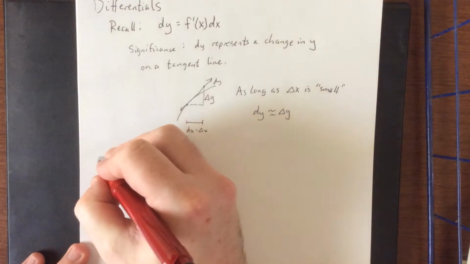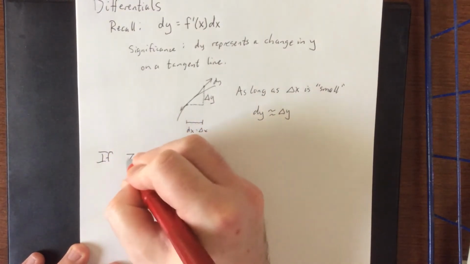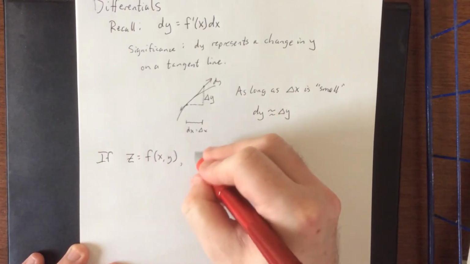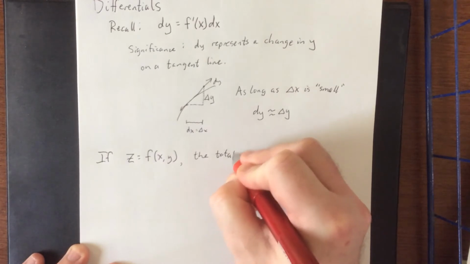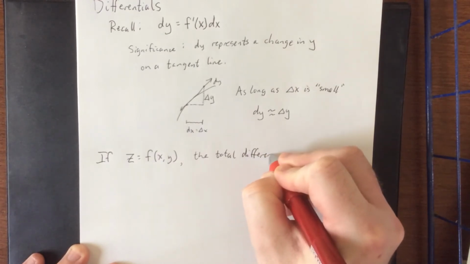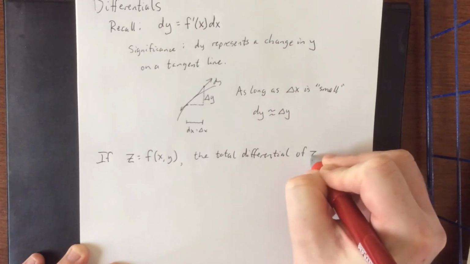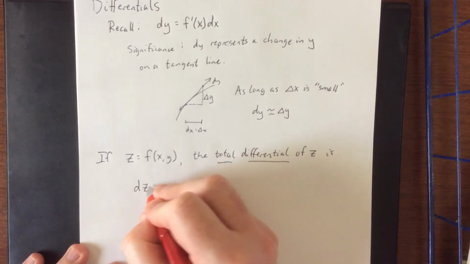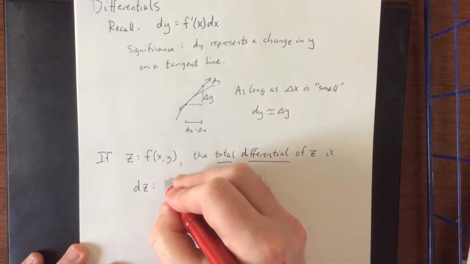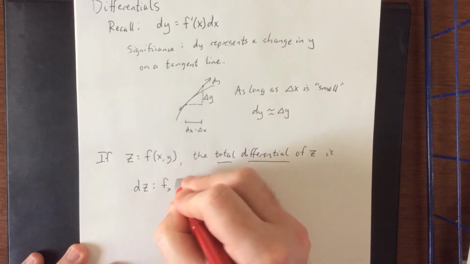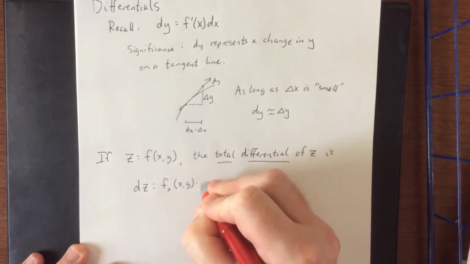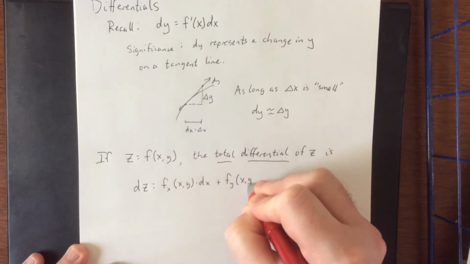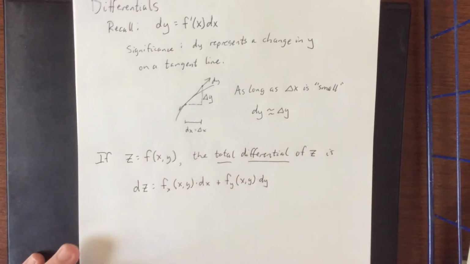Now, in 3 dimensions, if z is equal to f of x y, the total differential of z, this would be dz, is equal to the partial derivative of f with respect to x evaluated at whatever point is given to you, times dx, plus the partial derivative of f with respect to y evaluated at whatever x y is given to you, times dy.